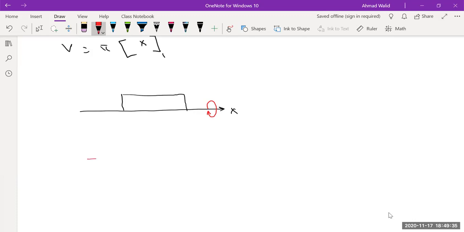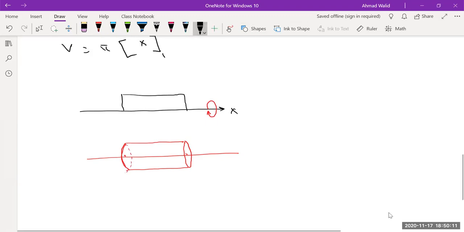The shape that I'm getting by rotating this will give me a cylinder, right? Like this. I'm not inside the class to show it with my hands to you, but when you rotate a rectangular shape about the x-axis, it gives you a cylinder like this, correct?